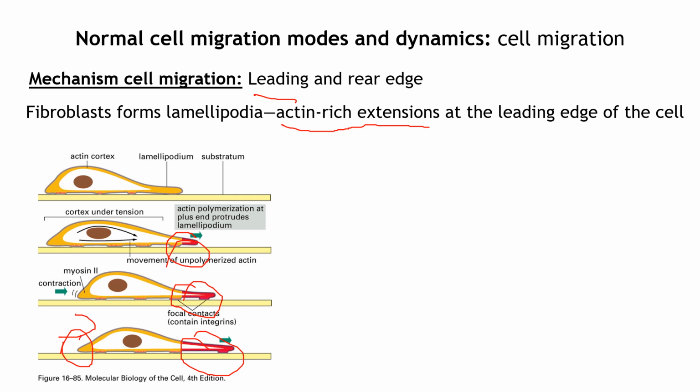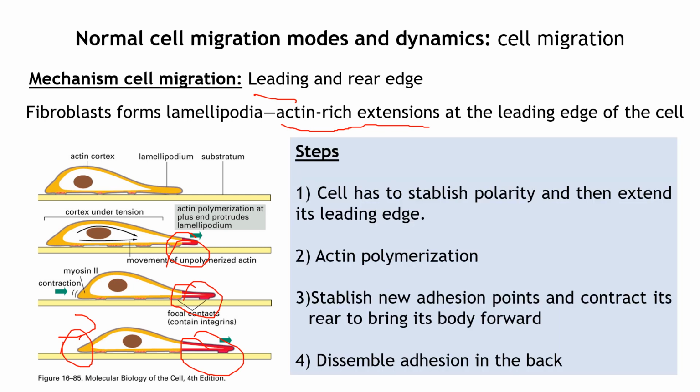A similar type of movement has been found in cancer cells. So again, these are the steps. You need to establish a polarity where you have a leading edge and a rear end. You need polymerization of actin, the protein that is involved in the different movements, in the changes in shape of the cell.